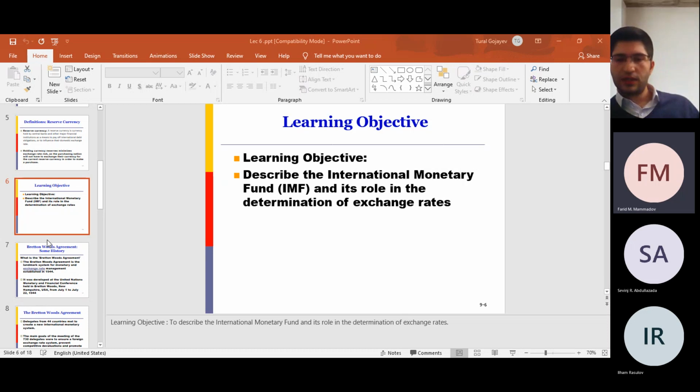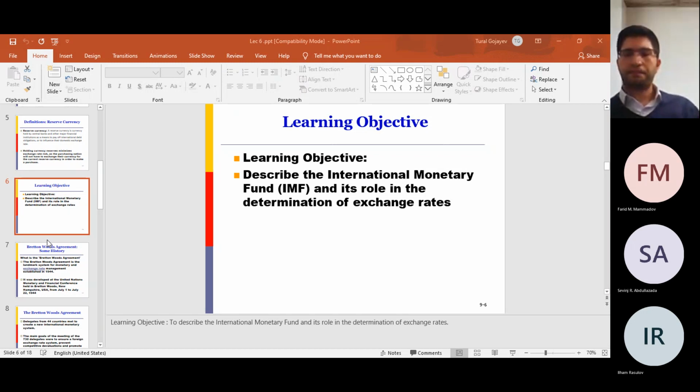Yeah, okay, so firstly, this is the International Monetary Fund. The main role of this IMF, by the way, firstly, it was founded in 1945, right after World War II, based on the Bretton Woods Agreement. In the next slides, I will talk about it. Right now, just related to IMF, its main role is to create stability in the financial system in the member countries.